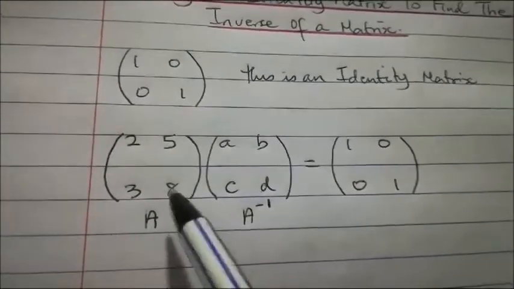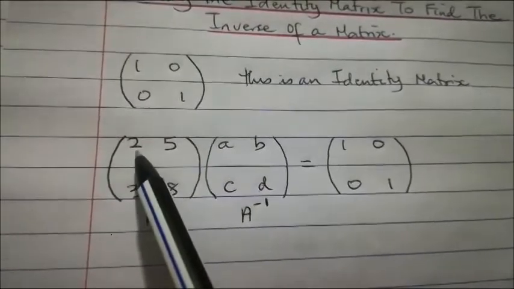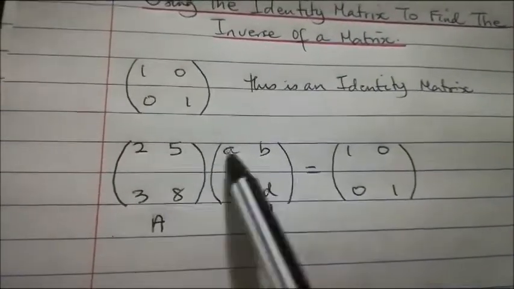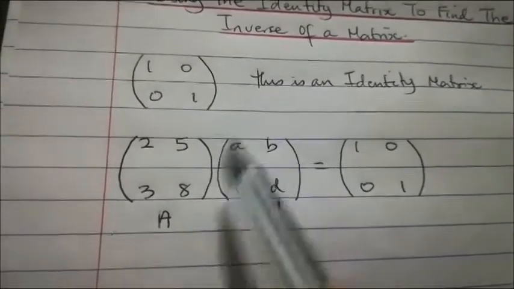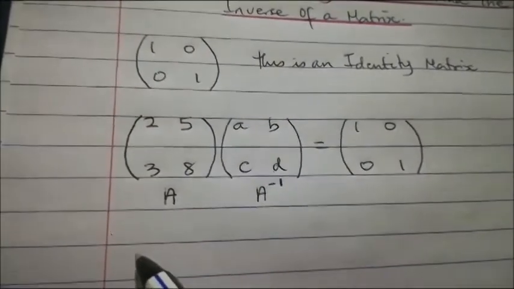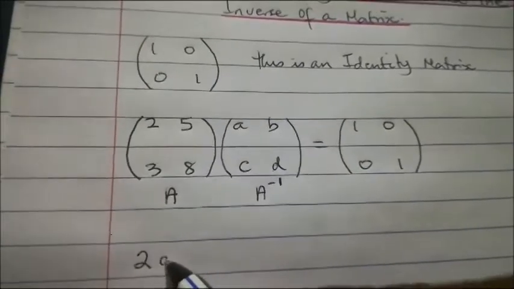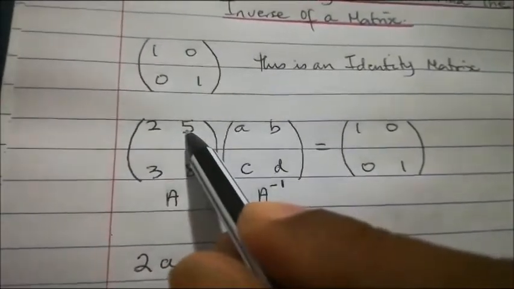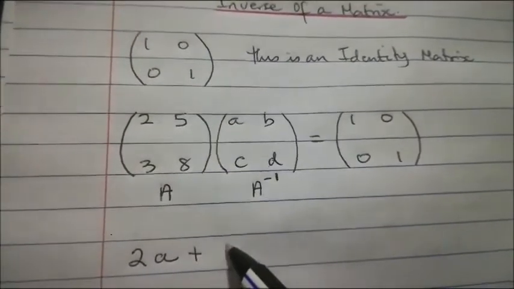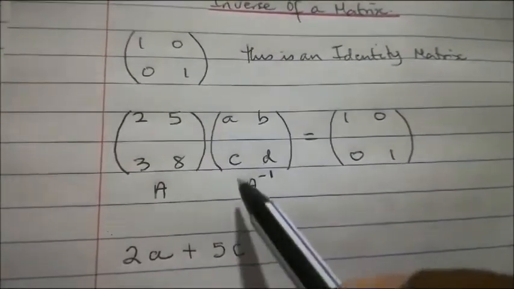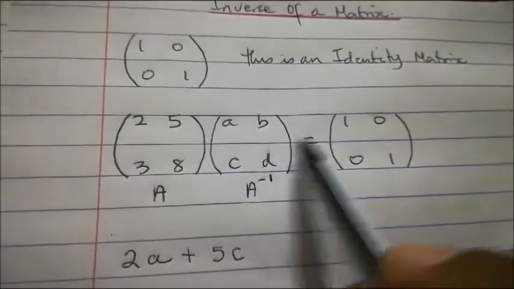All right, so let's go. So we're going to group the A's together. We're going to multiply this row by this and this row by this so that we can get the A's together. So we're going to have 2 times A plus 5 times C, which is 5C. And that's going to give us 1.